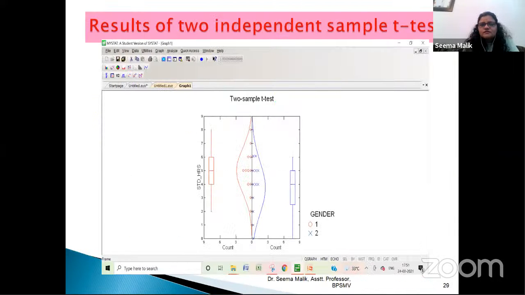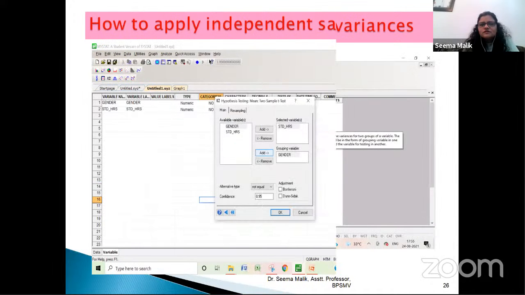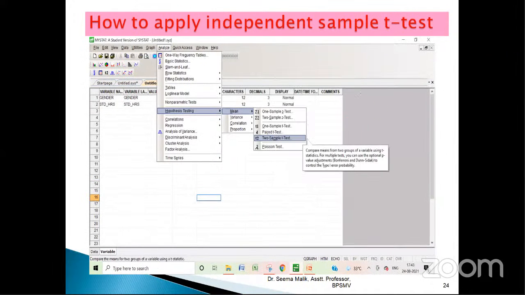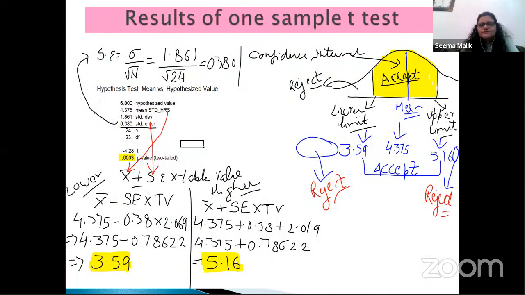You are talking about this confidence interval, right? Yeah, that 95% confidence. Yes, these are the confidence limits 3.59 and 5.16. And then we have tested the value of 6.